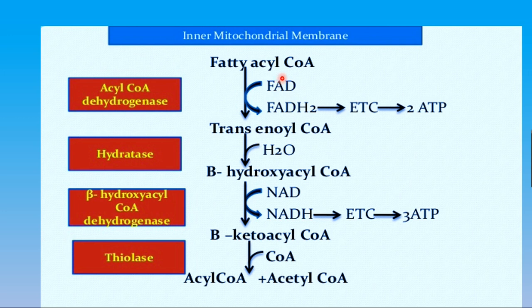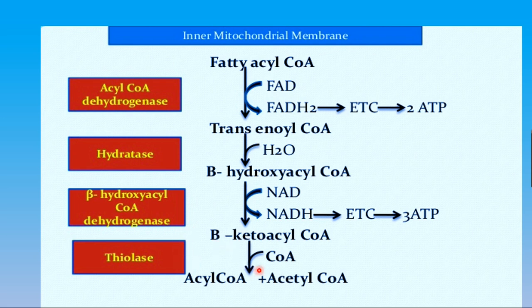So, this is how we have the 3 stages of beta oxidation of fatty acid. The first one is the activation of fatty acid, and then the transport of that activated fatty acid into the inner mitochondrial membrane, and the third step is the beta oxidation proper of this activated fatty acid, which occurs in 4 steps. That is, the first one is oxidation, the second one is hydration, again oxidation, then cleavage.